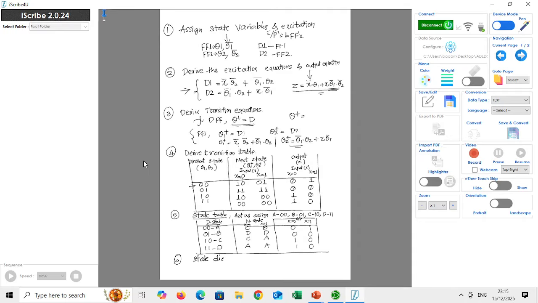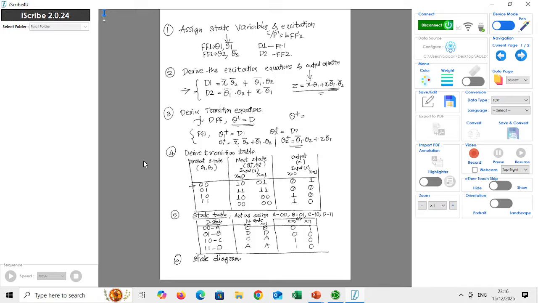So summarizing, any given sequential synchronous circuit can be analyzed with the help of 6 steps. Number one, we have to assign the state variables to all the flip-flop outputs, and name all the inputs of the flip-flops with the excitation variables. Then derive the excitation equations for all the inputs of the flip-flops and derive the output equation.